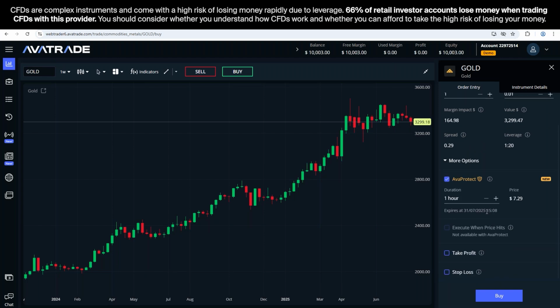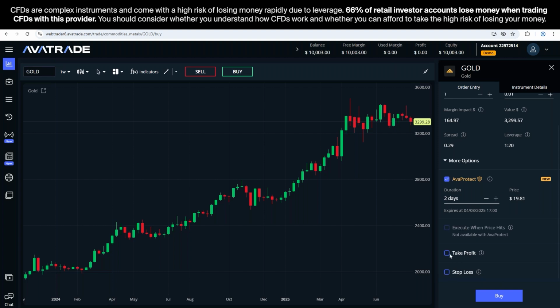Now I'm able to choose from 1 hour up to, let's click on the plus to expand the length, up to 2 days. Great. So from 1 hour up to 2 days, whatever I lost during that time frame will be returned to my account.